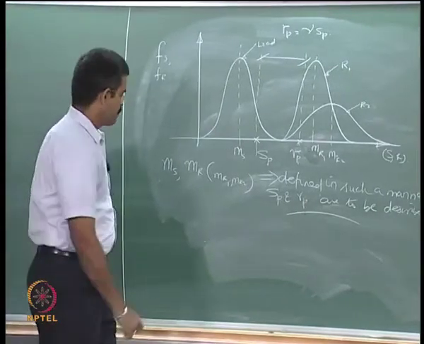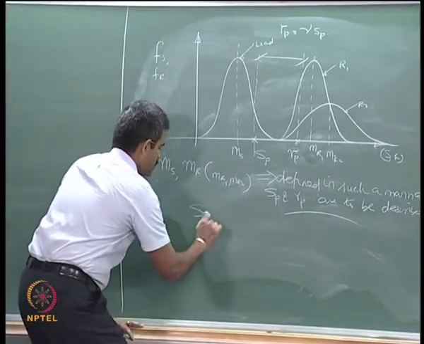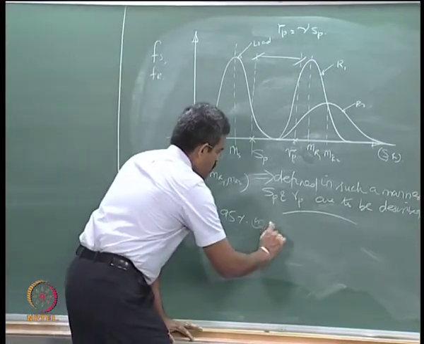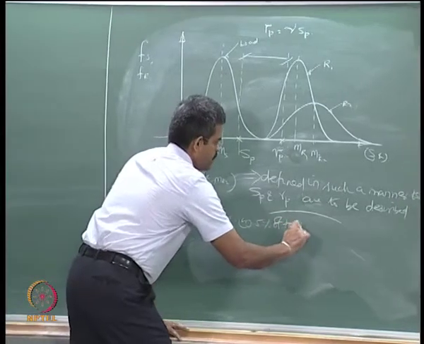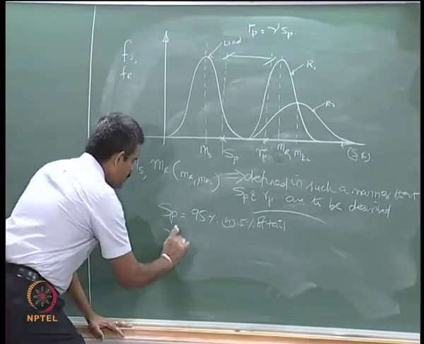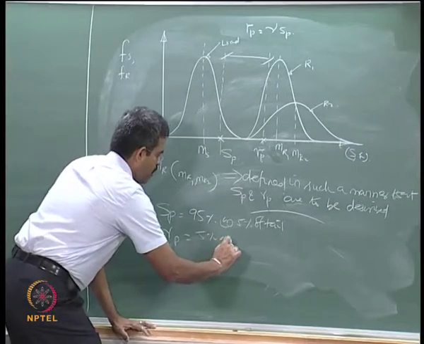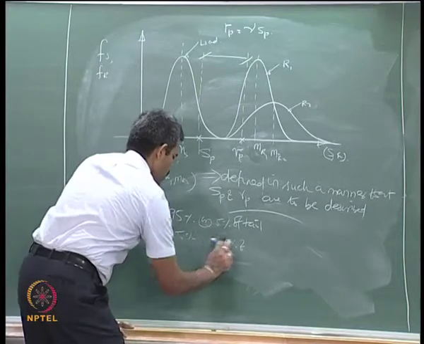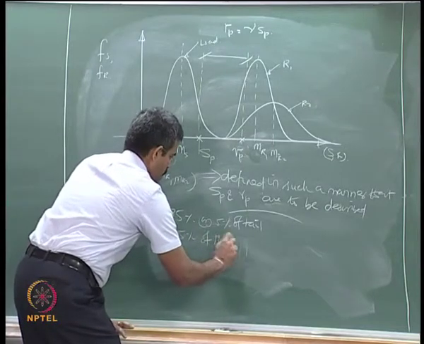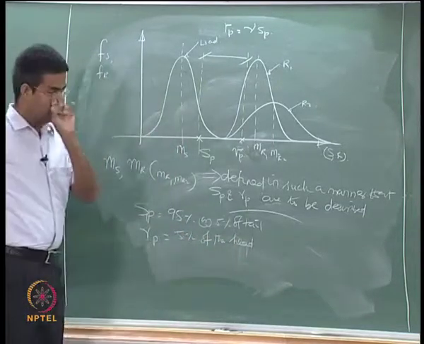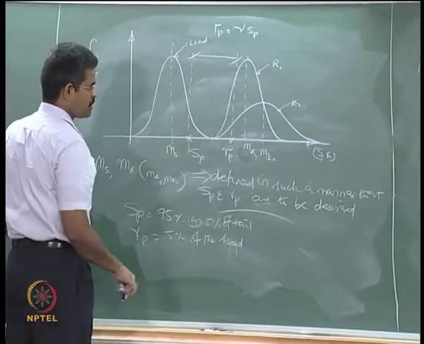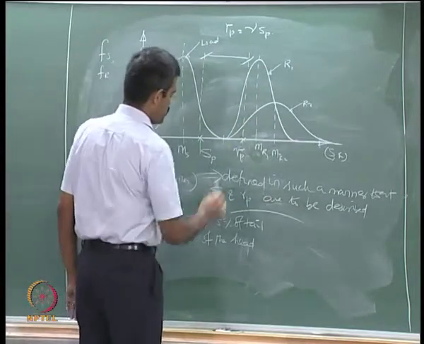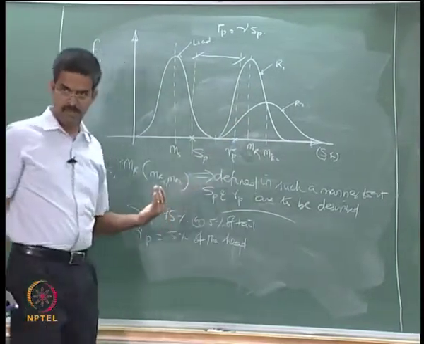I say Sp is selected in such a manner at 95% or 5% of the tail. Rp is selected in such a way that it is 5% of the head. That is, if this is 100%, this is 5% of this. For these two curves, this is 5% of the head.